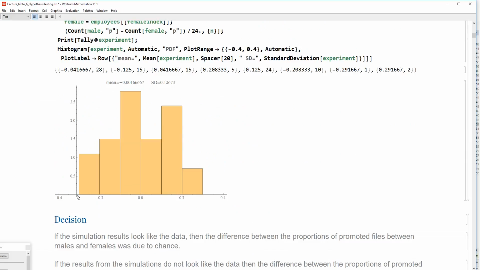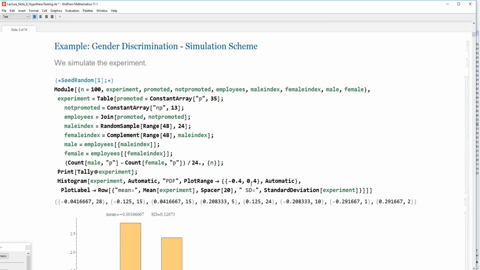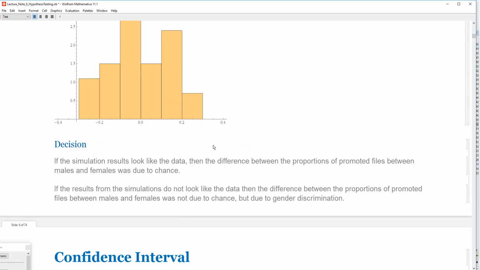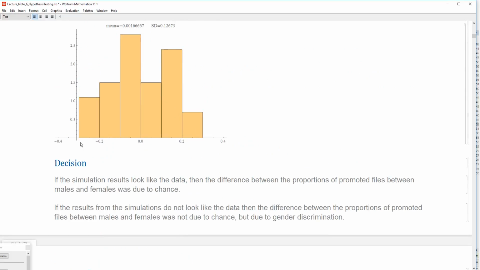And you see, in our experiment of 100, not a single random experiment showed a difference of 0.3. So we were not able, with 100 experiments, to reproduce the data. So based on this, we could say the chance that our data is just the result of random scatter is 0.